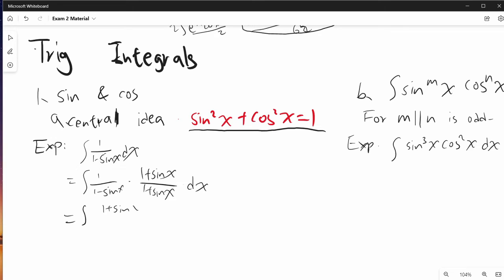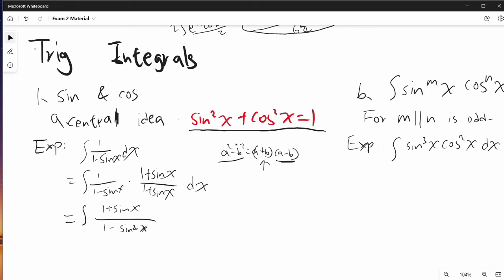Top will be 1 plus sine x, and then bottom part would be 1 minus sine squared x. A squared minus b squared is just a plus b times a minus b. I'm artificially adding this part to get a difference of squares.